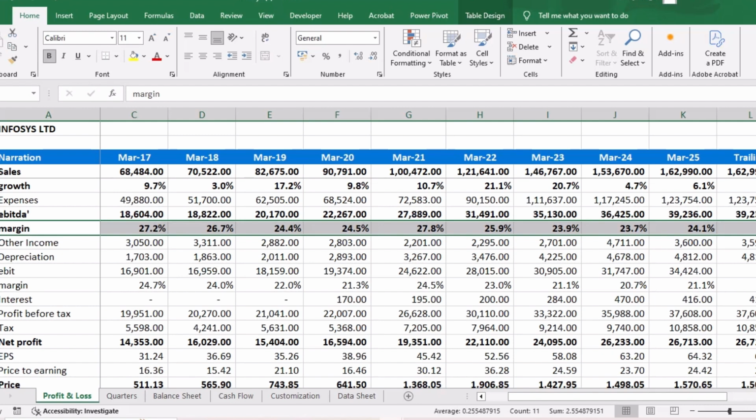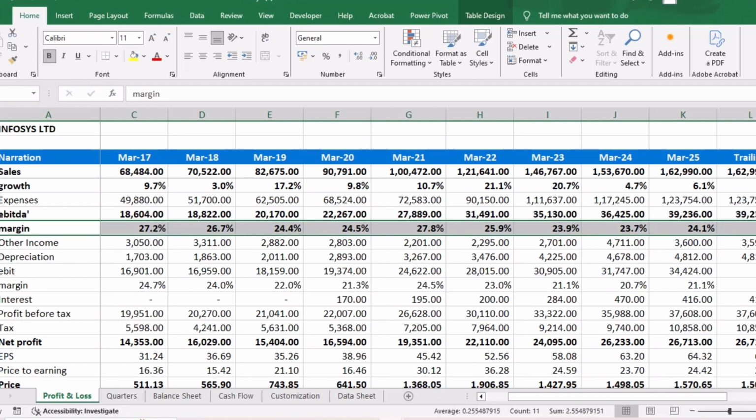It was historically at 27%, but because of reduced pricing power, the company's margin has reduced to 24%. And according to my understanding, this is permanent. Okay, so the more you read about the company, the better you understand the company.